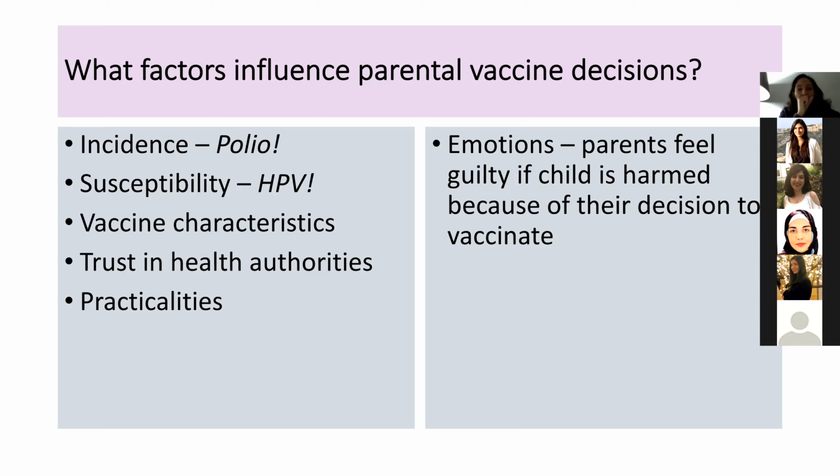If people hear that the live attenuated polio vaccine may cause the death of 1 in a million children, the parents, in fact, feel more guilty if their child died from the polio vaccine than if the child died from polio itself.